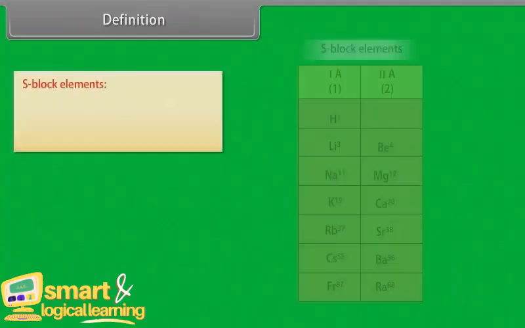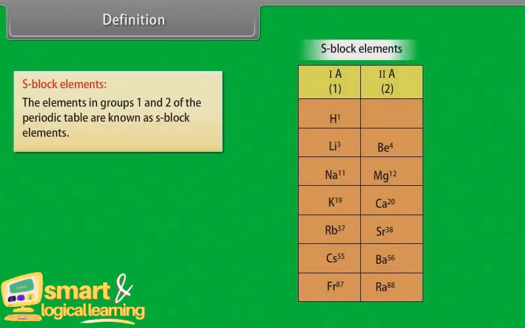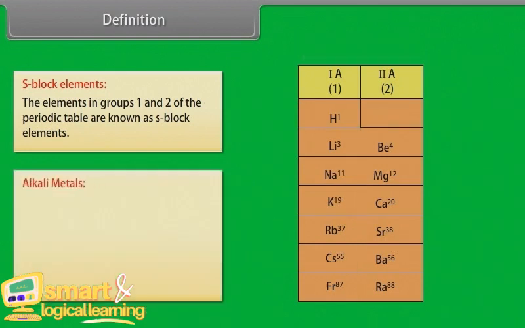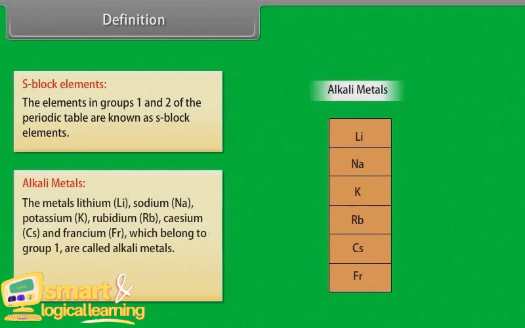Definition. S block elements. The elements in group 1 and 2 of the periodic table are known as S block elements. Alkali metals. The metals lithium, sodium, potassium, rubidium, caesium and francium, which belong to group 1, are called alkali metals.